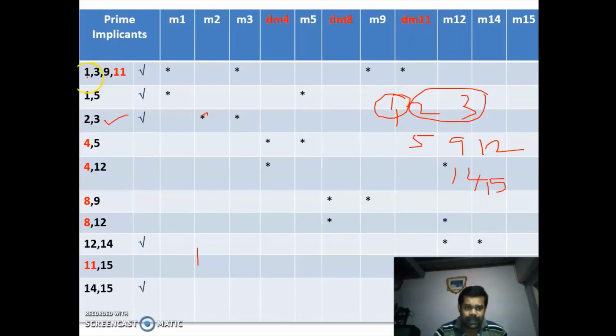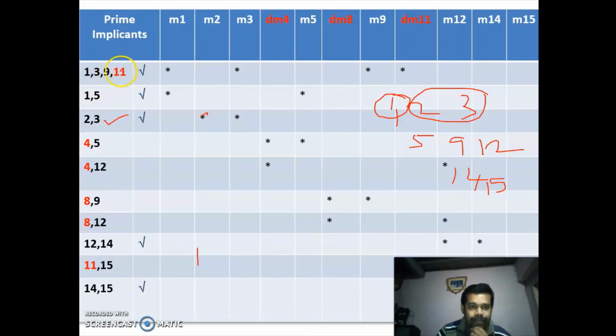Minterm 1 is present in two places, 1, 3, 9, 11 and 1, 5. If you take 1, 3, 9, 11, it is nothing but a quad. If you consider 1, 5, it is nothing but a pair. If you go for a pair, your term will have 3 literals, and if you go for a quad, your term will have 2 literals.